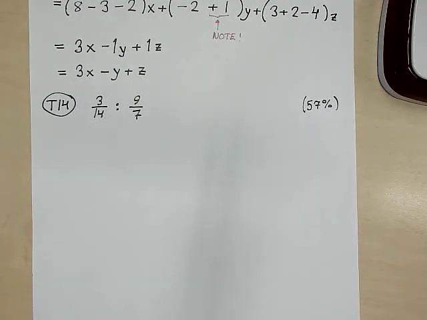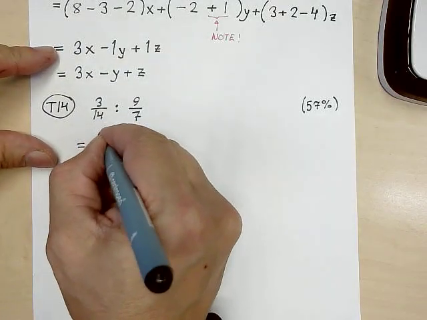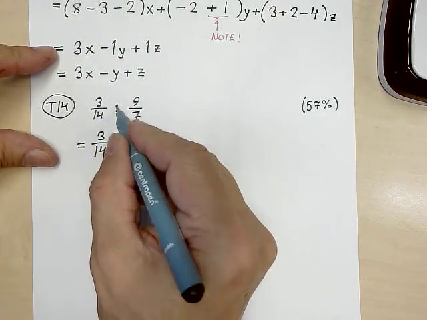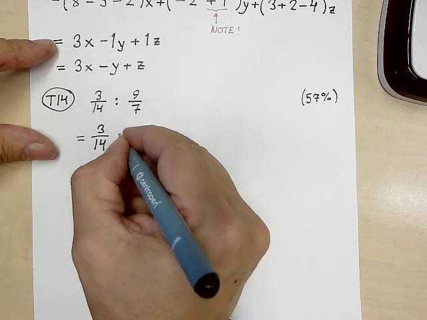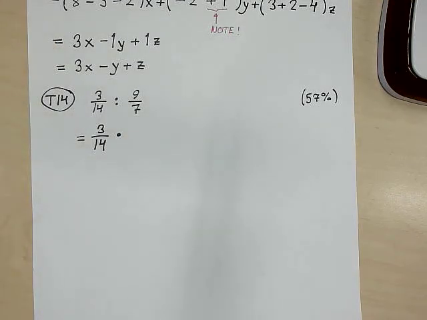How do you do this? There are many ways, but how have you done this? Instead of divide, we change it to multiply. Yeah, okay, let's take that. 3 divided by 14, and we change this division mark to multiplication sign.